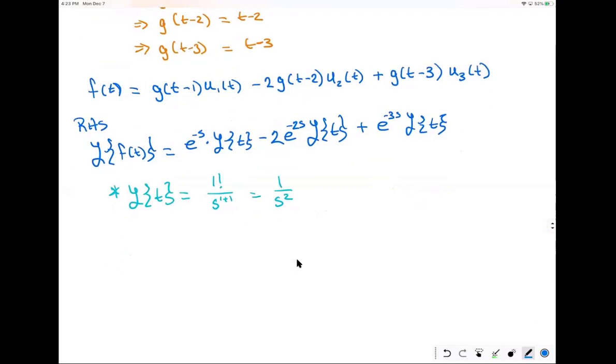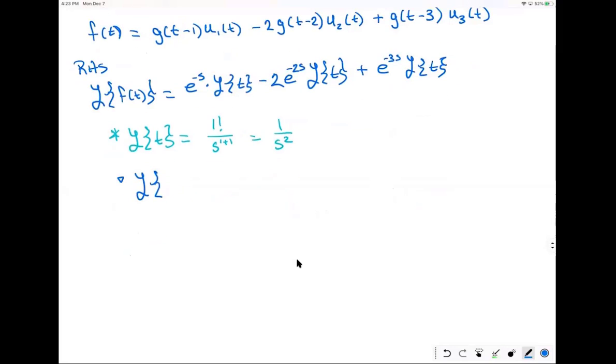So on my right-hand side, my Laplace transform of f of t would equal 1 over s squared, multiplied by e to the minus s, minus 2 times e to the minus 2s, plus e to the minus 3s. So that would be the Laplace transform of the right-hand side.